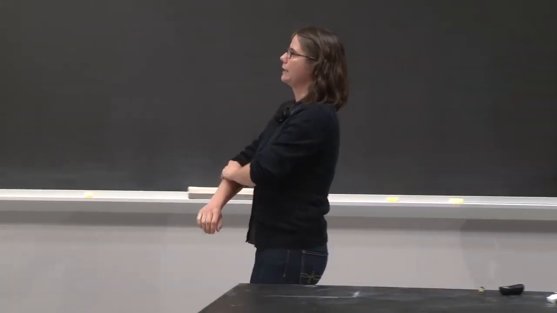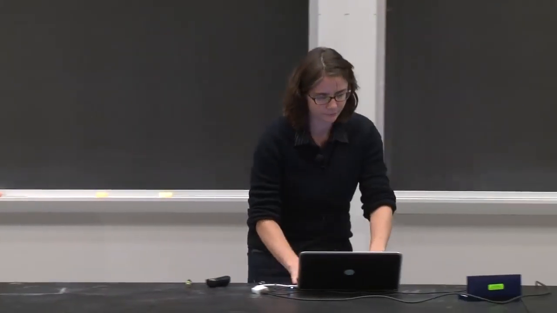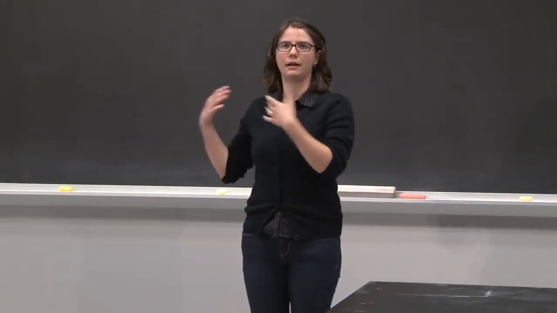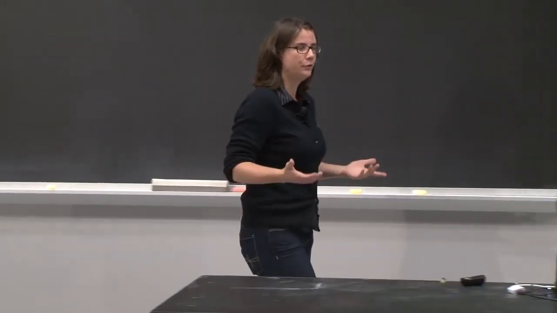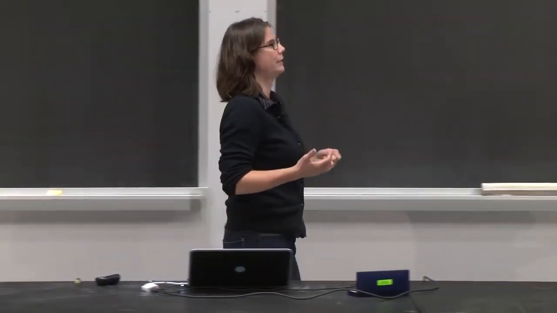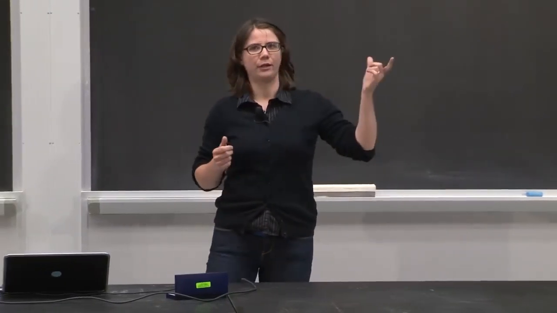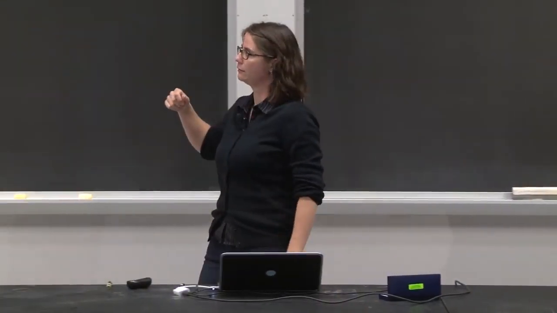And then the other thing we're going to look at related to strings is the star operator. So that's this one here on line 10. So Python allows you to use the star operator, which stands for multiplication, between a string and a number. And when you do that, Python interprets it as repeat that string that many number of times.